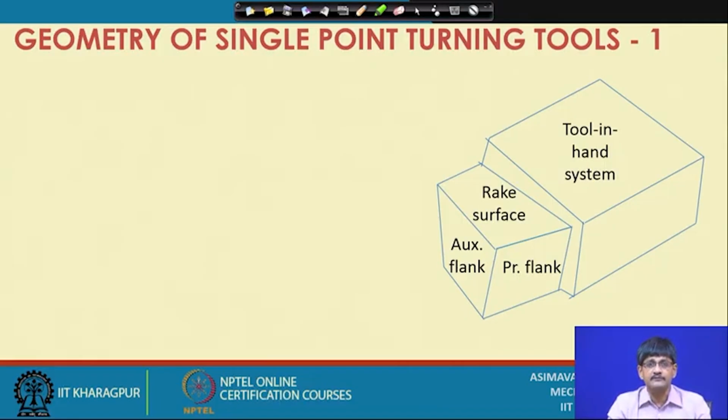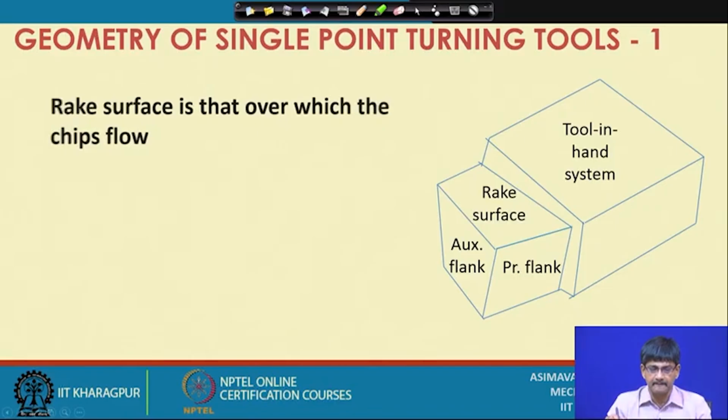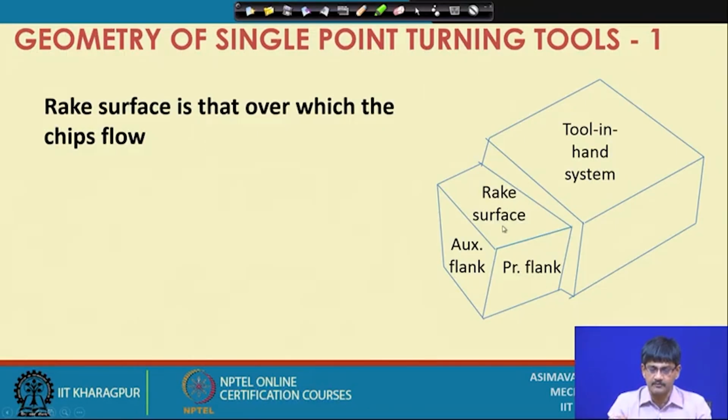What is going to change? Well, the angles which these planes make with the different directions, for example, the x, y, z directions, those are going to change. So, in the tool in hand system, these are fixed. So, these are basically surfaces or planes.